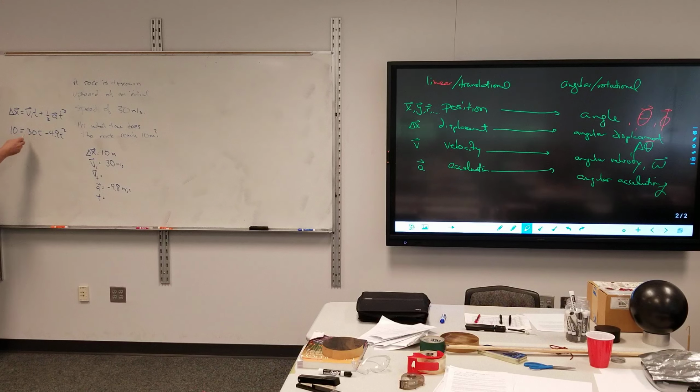And it's a quadratic, so 4.9 t squared minus 30t plus 10 equals 0. t is equal to 30 plus or minus the square root of 900 minus 4 times 4.9 times 10, divided by 9.8, which is, we got 2 answers here.